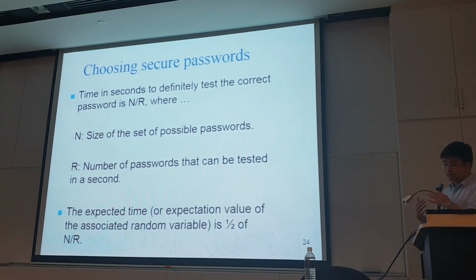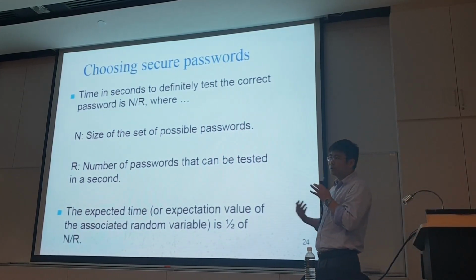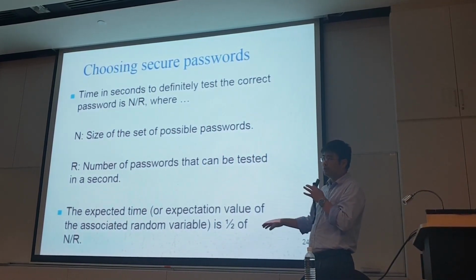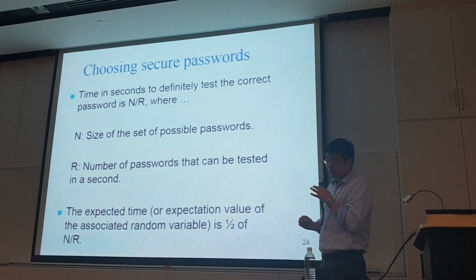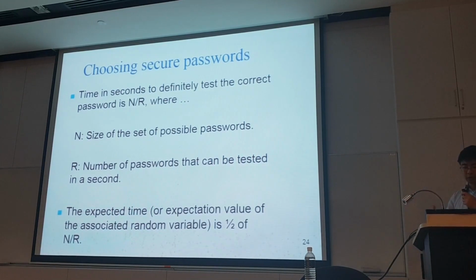For example, if you have 1 million possibilities and the attacker can test 1,000 passwords in 1 second using a computer, then we can easily identify how long the attacker will take to enumerate all the possible passwords.